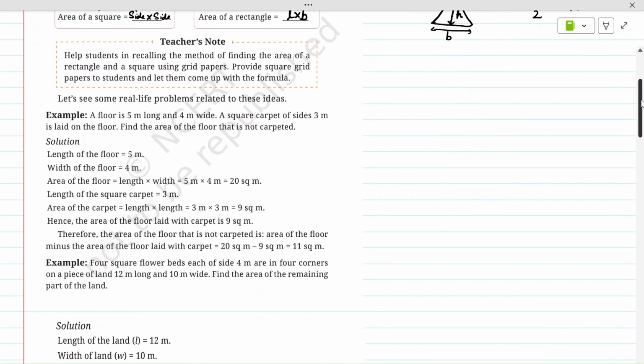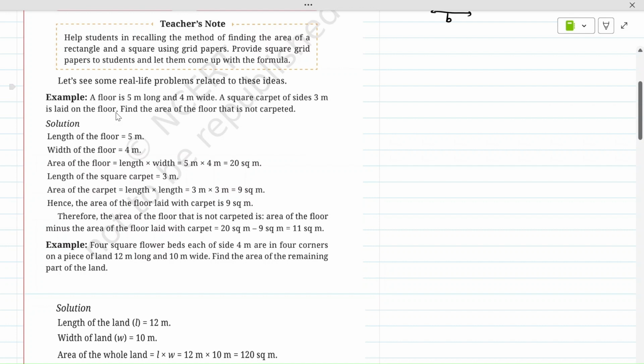So now let's see this example. A floor is 5 meter long and 4 meter wide. And then a square carpet of sides 3 meter is laid on the floor. Find the area of the floor that is not carpeted. So what it is saying is that we have a floor with the dimension of 5 meter length and it is 4 meter wide.